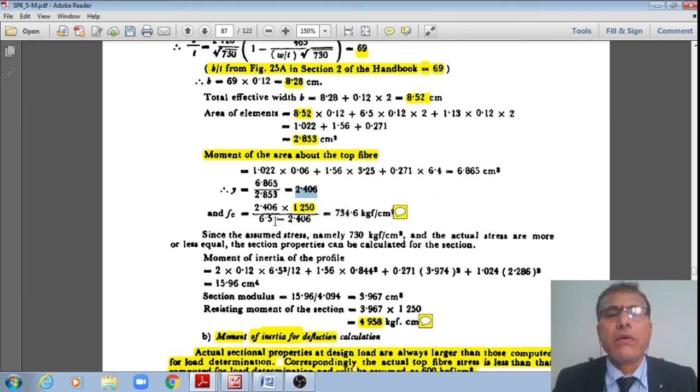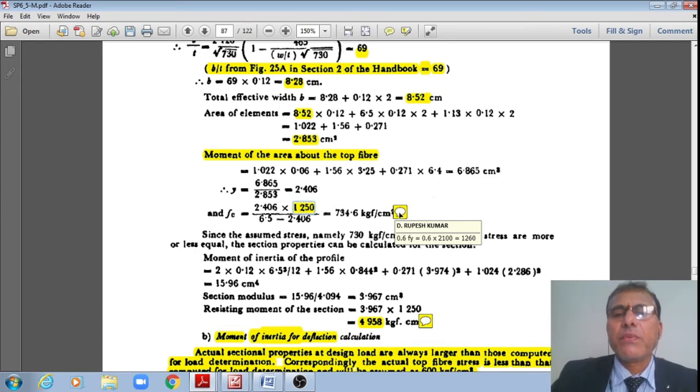However, now I'll calculate for this 2.406 what will be the compressive stress at that level. Therefore, 2.406 multiplied by the permissible value, which is 1250, because the permissible value is equal to 0.6 multiplied by Fy, given as 2100. Therefore, 0.6 multiplied by 2100 is equal to 1260, or the code says it is 1250, right?